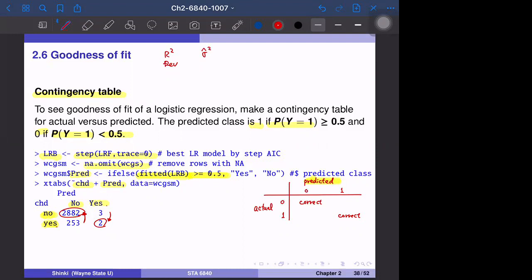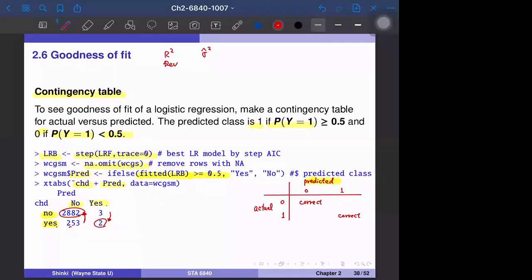That ratio is at least much better than this class: 253 over the summation of this, 3,135, is much smaller. So in some sense, this table makes some sense.